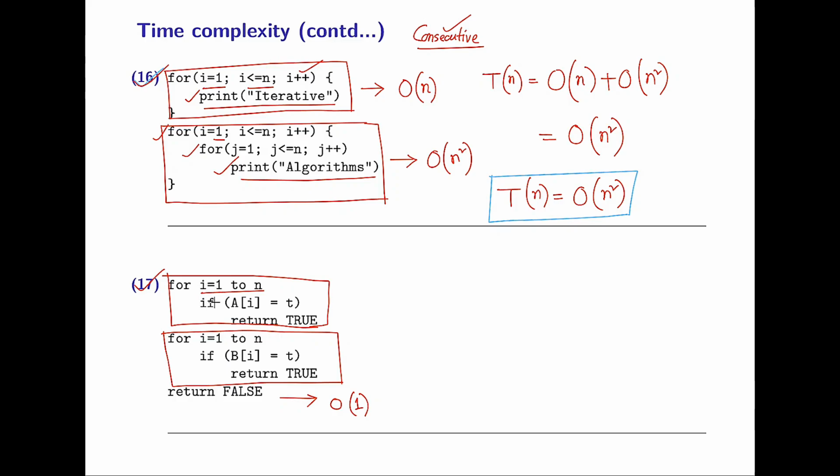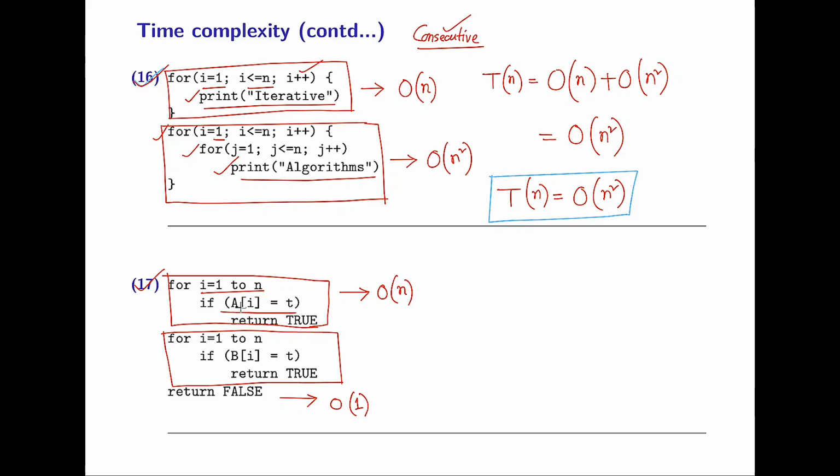Here it is clearly saying that i is going to run from 1 to n. What is the step size? If the step size is not written, just think that it is linearly incrementing the value of i. So i equals 1 to n, and the increment is linear, so it is going to run Big O of n times. Now if this condition is true, then only it will return.